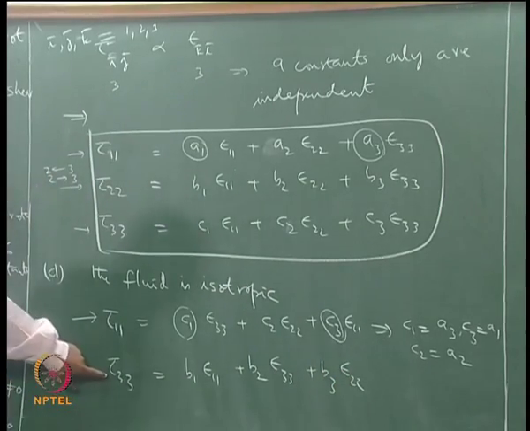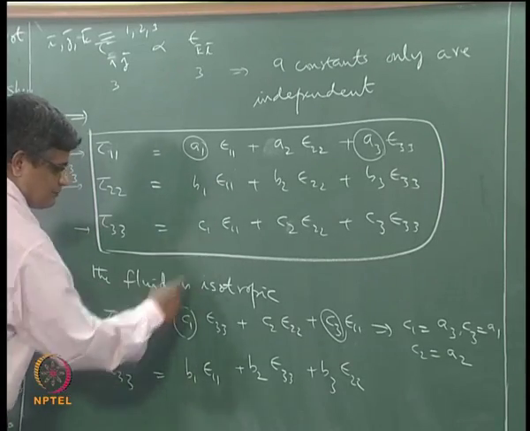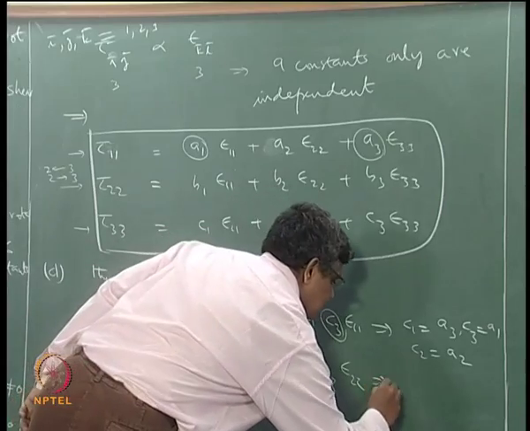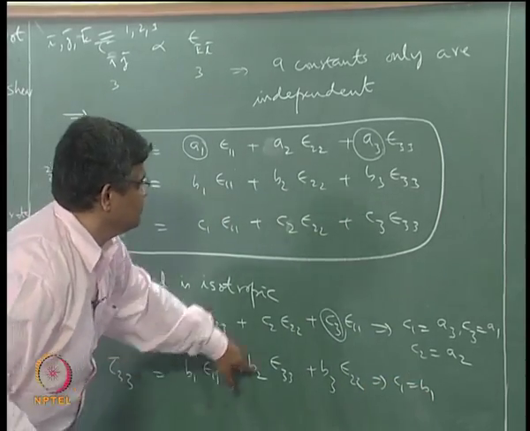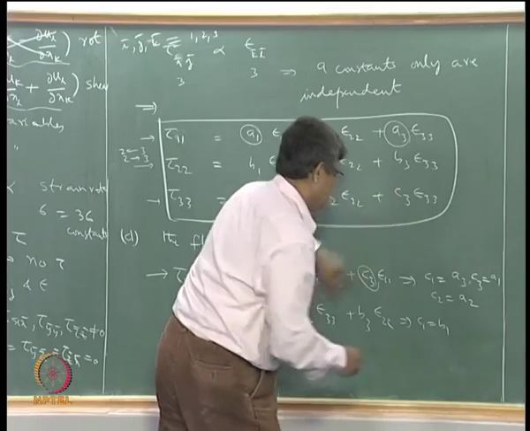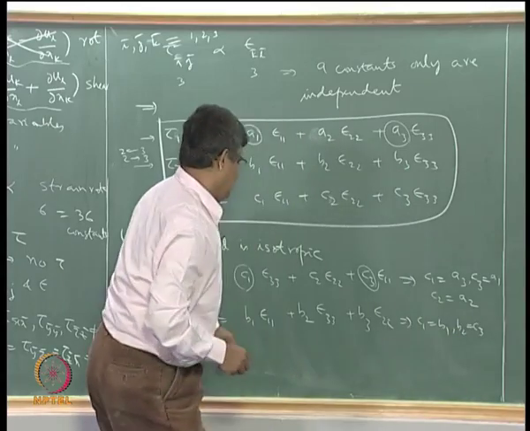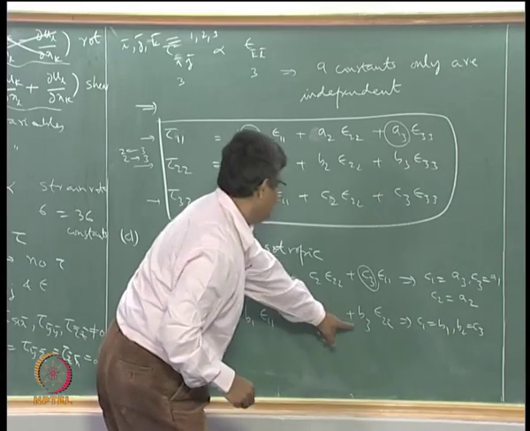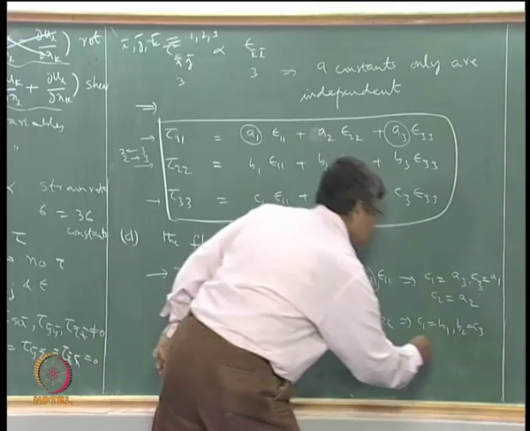Now you compare this tau 3 3 with what you are getting here. This means that C1 must be equal to B1 and B2 is equal to C3 and B3 is equal to C2.